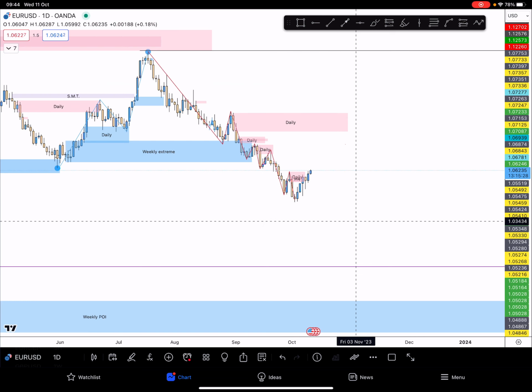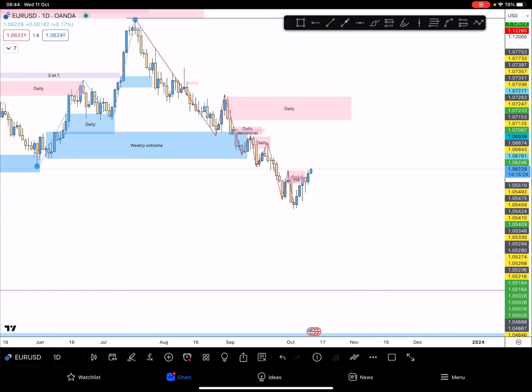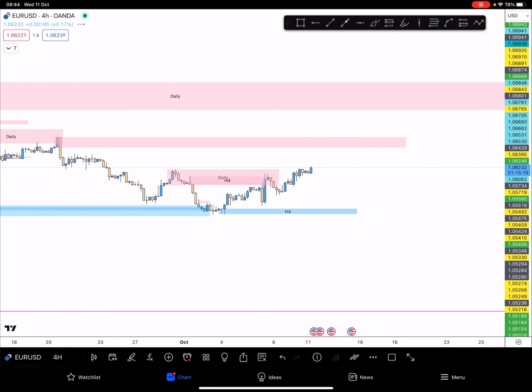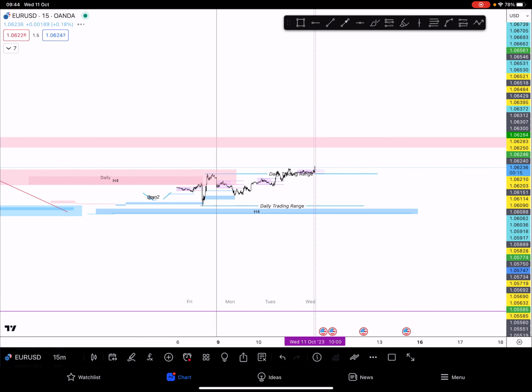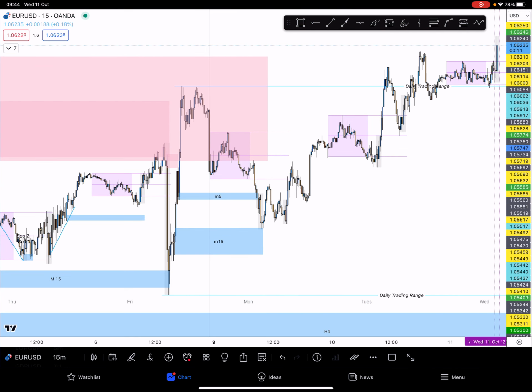So in this case, the lower time frame view that we saw on Monday ended up playing out. So let me go back to Monday. Yes, you can see here Monday.